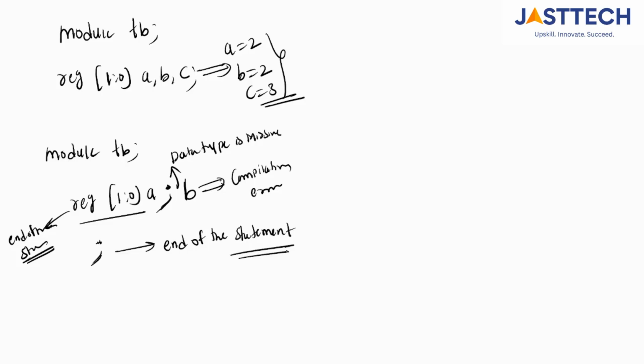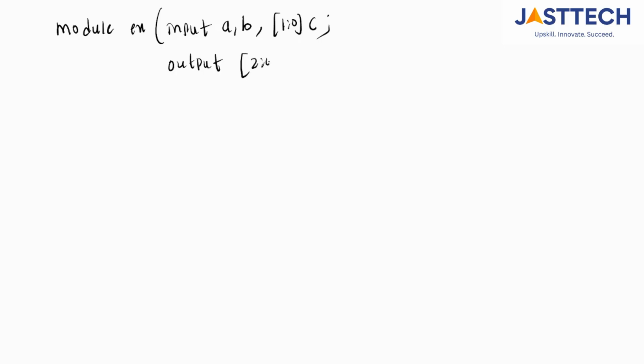And here also, suppose I am declaring module example, input a comma b, and 1 down to 0 c, semicolon. Output 2 down to 0 sum.